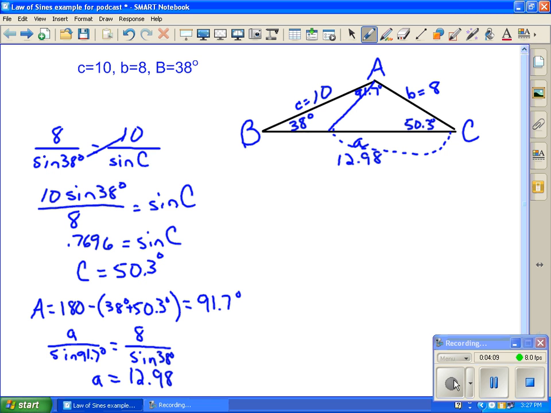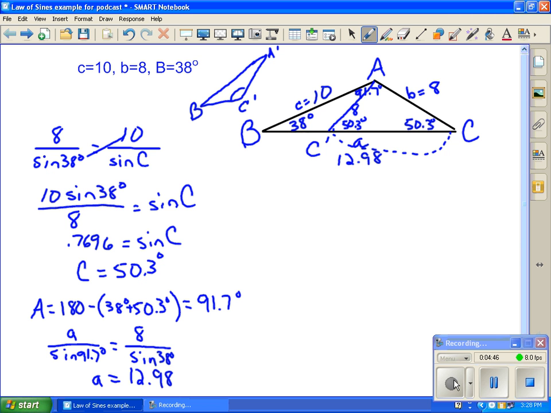The 8 could be over there, which means that this base angle of your isosceles triangle is also 50.3, which means your C prime, your new triangle, the obtuse one, C prime, A prime, B, that this obtuse angle is going to be 180 minus 50.3.